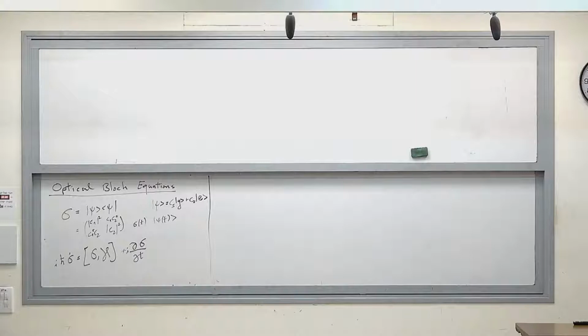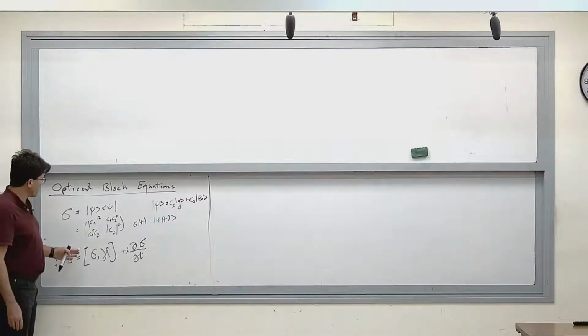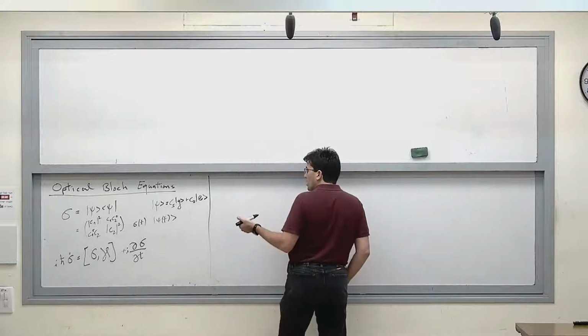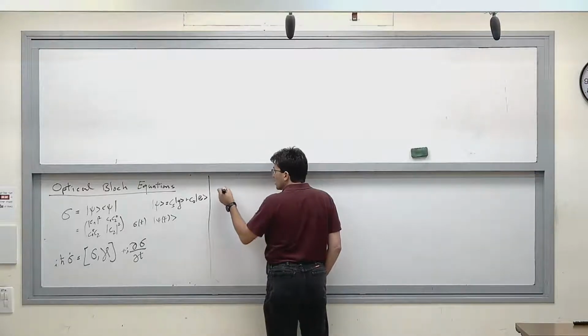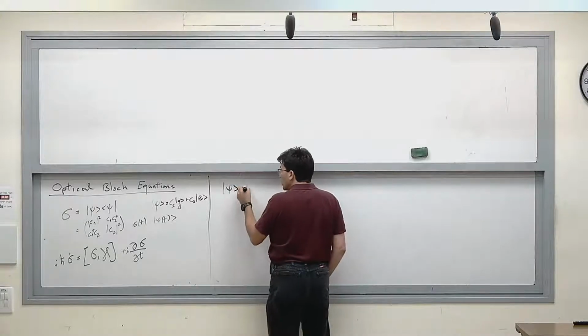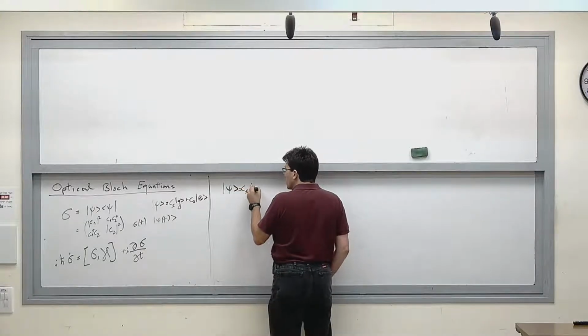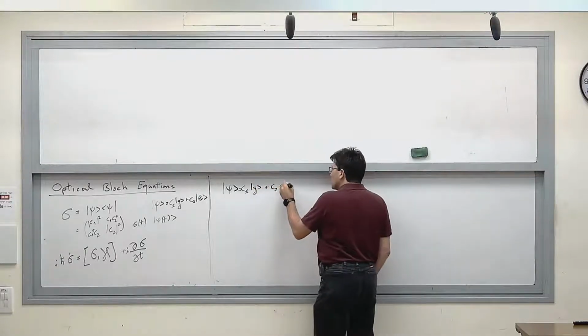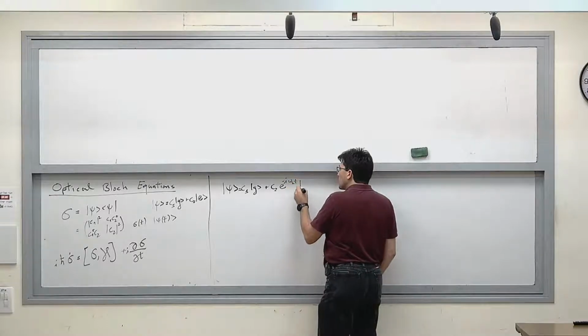Now, let me remind you that we can, of course, put here this sigma and the Hamiltonian. Another quick reminder, and that is that usually we work in the rotating wave approximation, where C1, ground, doesn't change, but C2, excited, we add to it a rotating term, e to the i omega laser t.